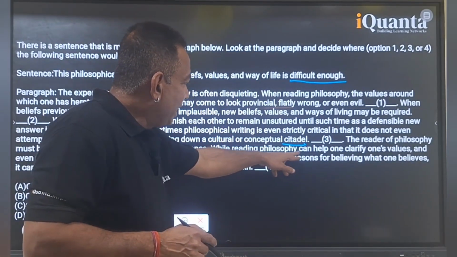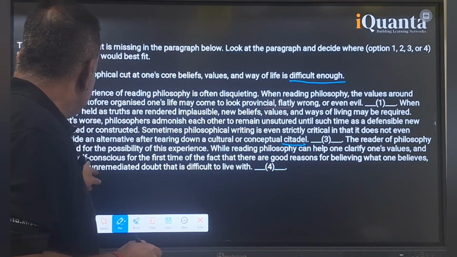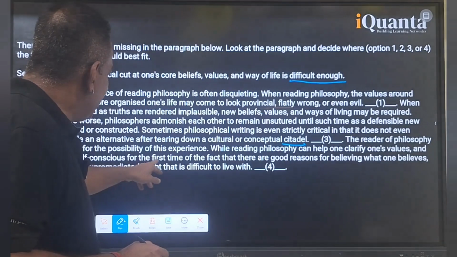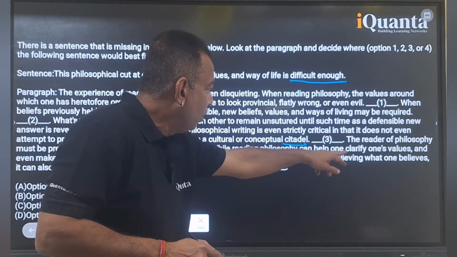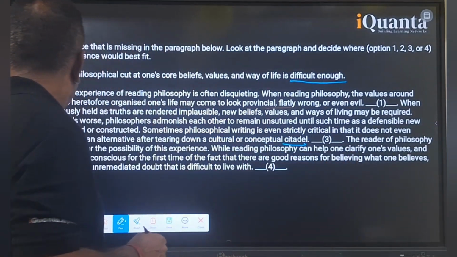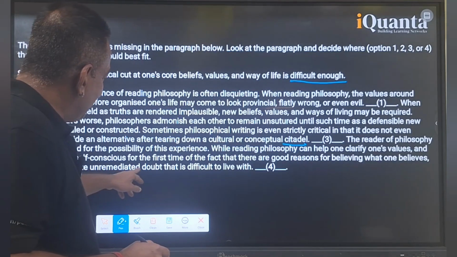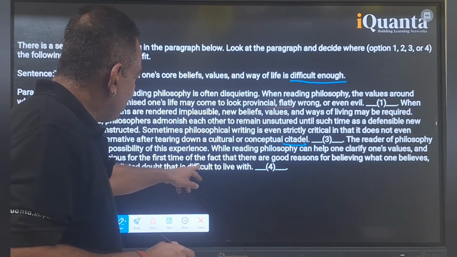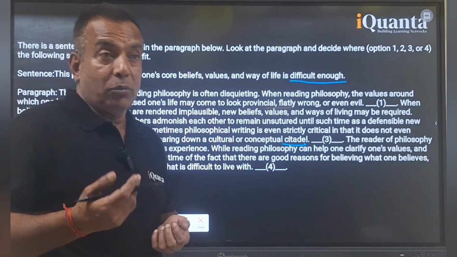While reading philosophy can help one clarify one's values and even make one self-conscious for the first time of the fact that there are good reasons for believing what one believes, it can also generate unremediated doubt that is difficult to live with. So what it's saying is that reading philosophy can also strengthen your views.